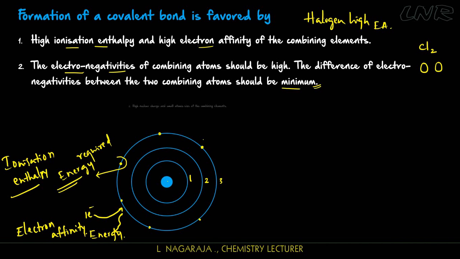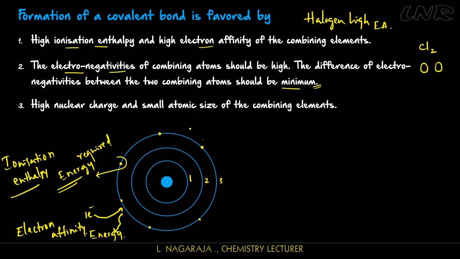And the next point, that is high nuclear charge and small atomic size of the combining elements. So what is this nuclear charge? It is the force of attraction between the electrons present in the outermost orbital and the nucleus.